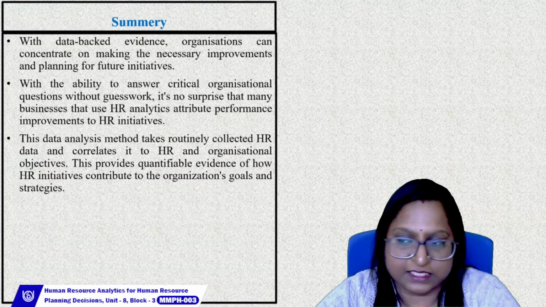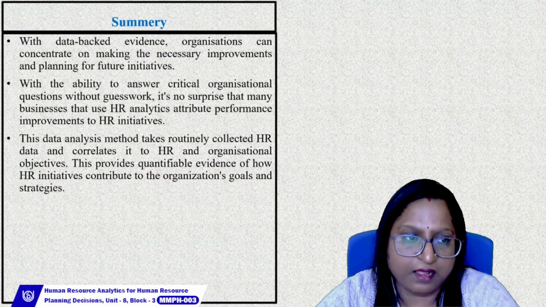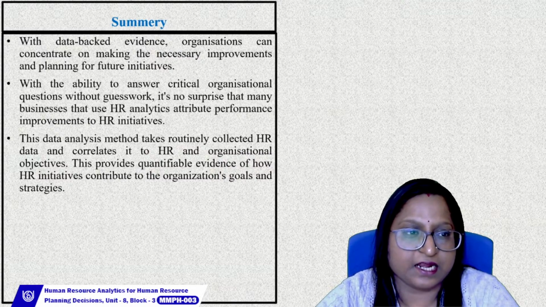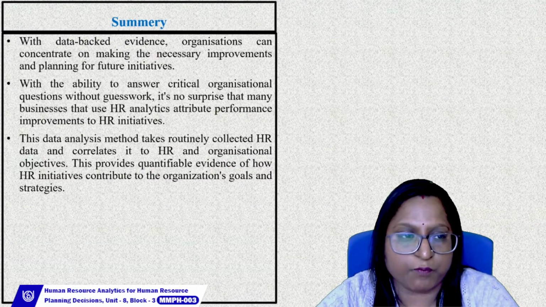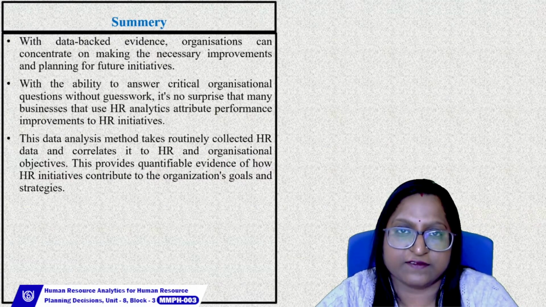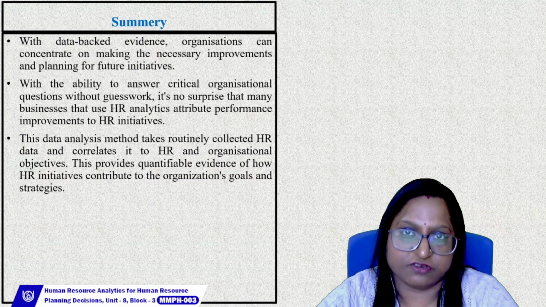This data analytics method takes routinely collected HR data and correlates it to HR and organizational objectives. This provides quantifiable evidence of how HR initiatives contribute to the organizational goals and strategies.